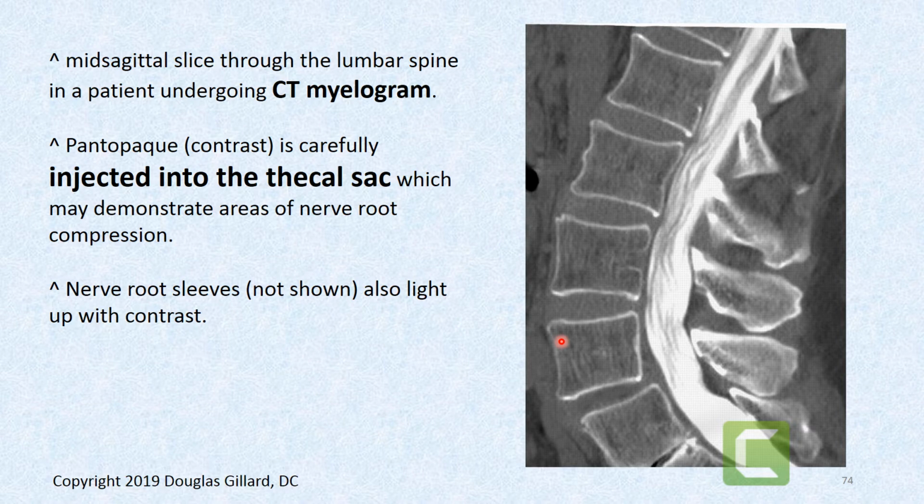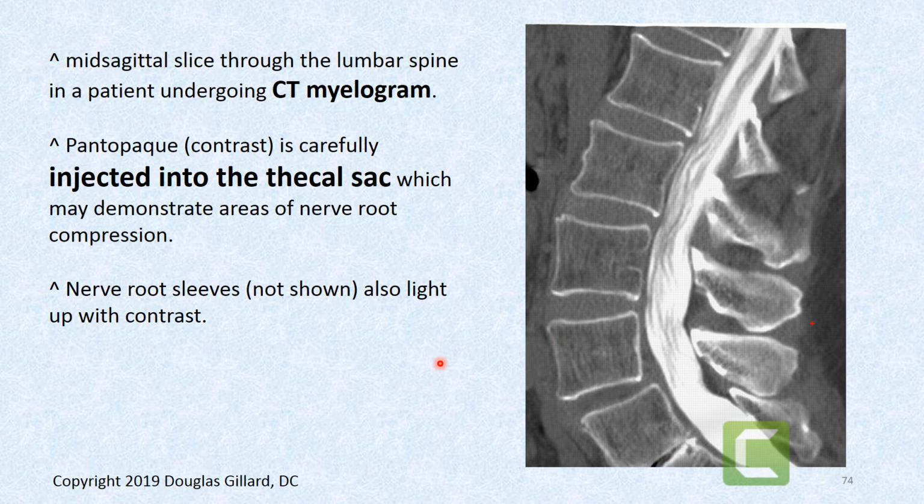In the lumbar spine, but it's in the cervical spine too, but because the spinal cord is in there, it's a little harder to see. In the lumbar spine, it's super easy to see. In fact, there's a procedure that you can order if you have to, called a CT myelogram.